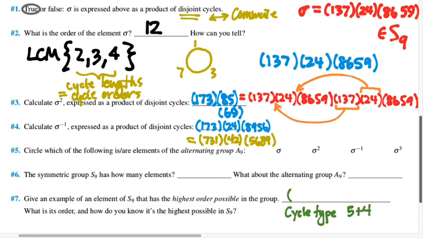So the two individual cycles, one had the length of 5 and one had a length of 4. Which I found the least common multiple of 5 and 4 was 20, as compared to the least common multiple of 2, 3, and 4, or like 2, 2, and 5, or like 2 and 7. Which all add up to 9.